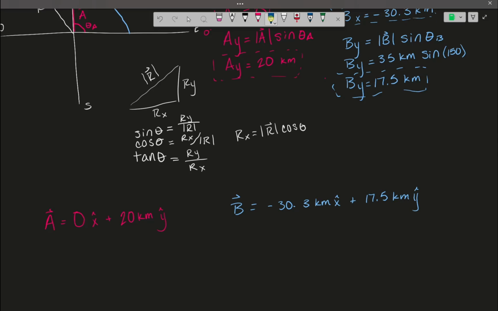Now, to get the resultant vector, I want to add these together. And I have to add like with likes, right? So I have to add the x with the x and the y with the y.